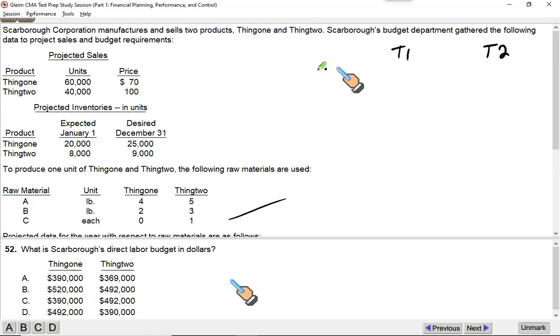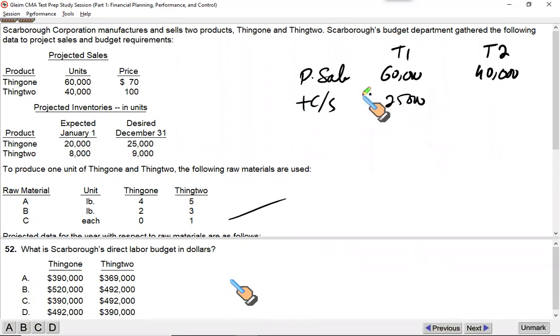Please be focused. Planned sales for Thing 1 is 60,000 units. For Thing 2 it is 40,000 units. Desired closing stock is given. Closing stock for Thing 1 is 25, for Thing 2 it is 9,000. Opening stock is also given.